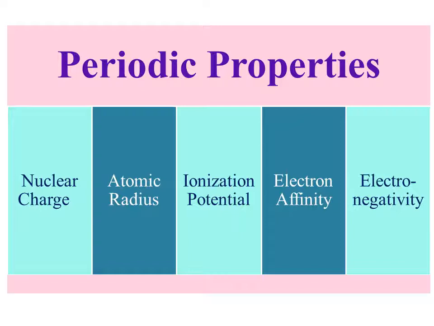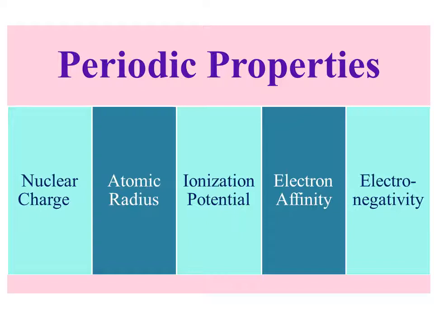So it is basically the insertion of an electron into the valence shell of an atom, which results in the liberation of energy, and that energy which has been released is referred to as electron affinity. So previously in the ionization potential, it was giving energy, now we are gaining energy.